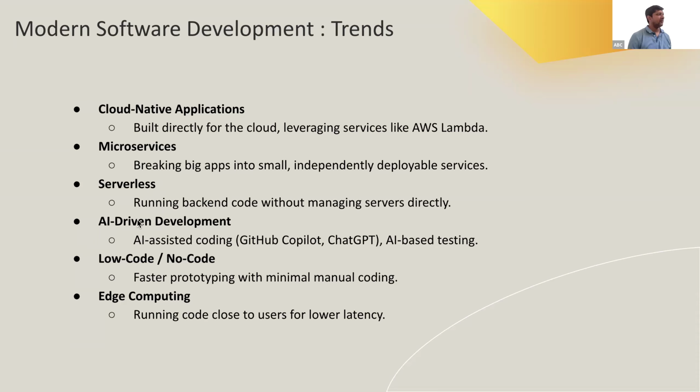And AI-driven development is happening nowadays. The way I showed this AI component. During development also there is a lot of AI assistance. So your GitHub Copilot and ChatGPT are getting integrated with the IDE, right? The IDE is the editor in which the code gets written, and there is a lot of help these days.